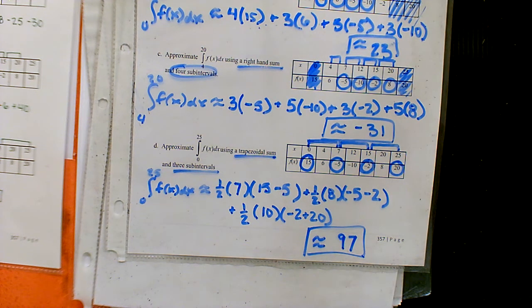I do want to take a second though and try some of these. All right, we're going to skip the one at the top for now. We'll come back to that if we have time in a moment.